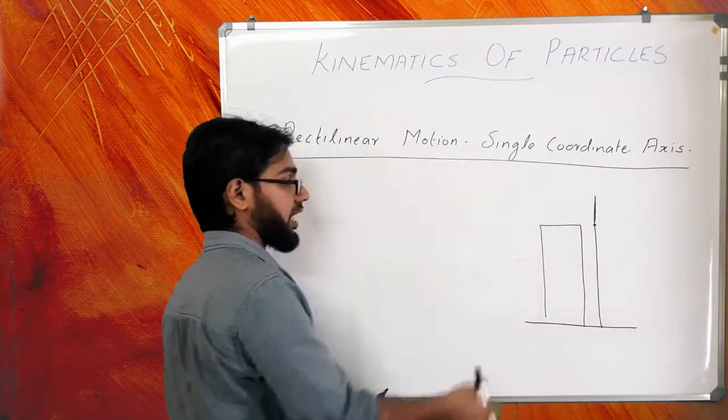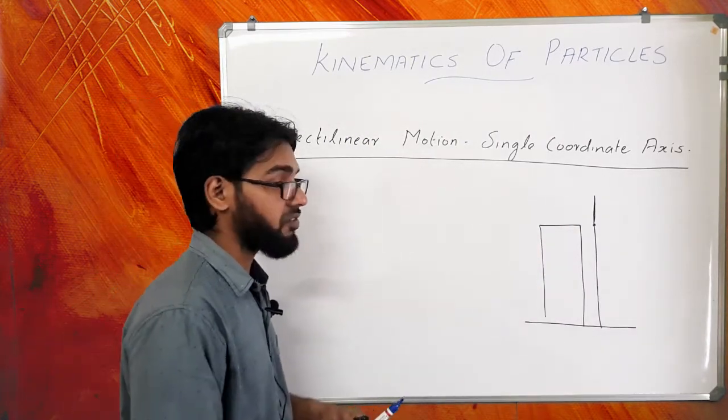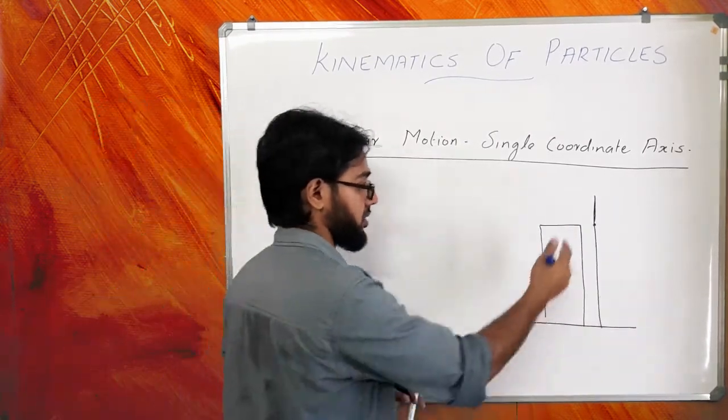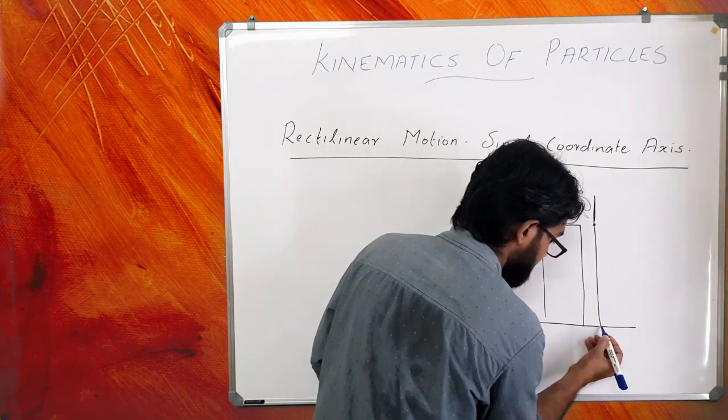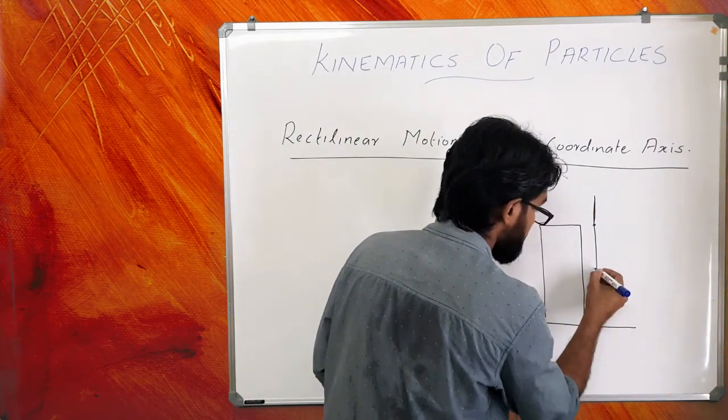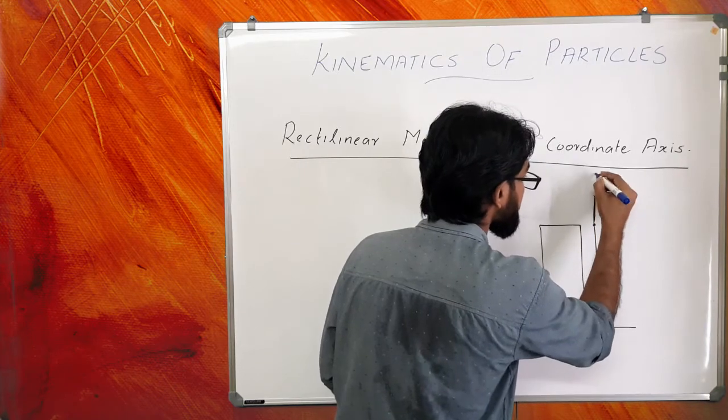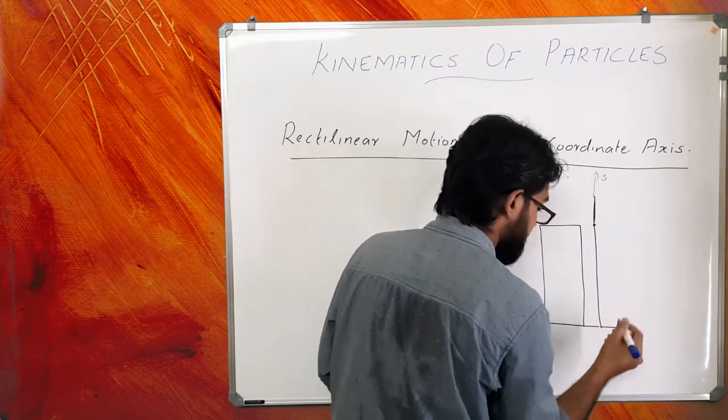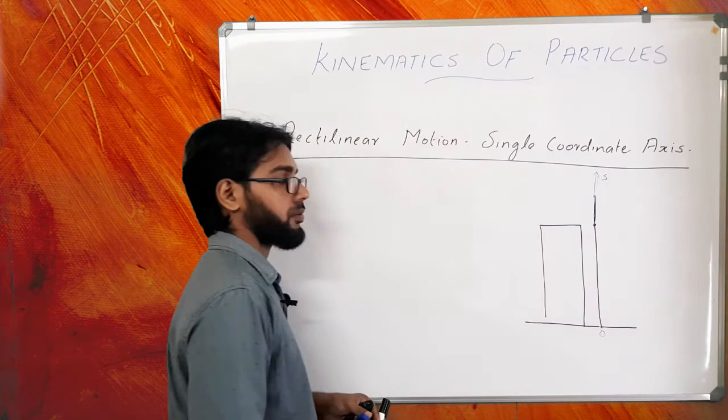Now to describe this motion, what we do is that we first choose the axis. So I choose the axis along this line of motion, and the reference point O here.